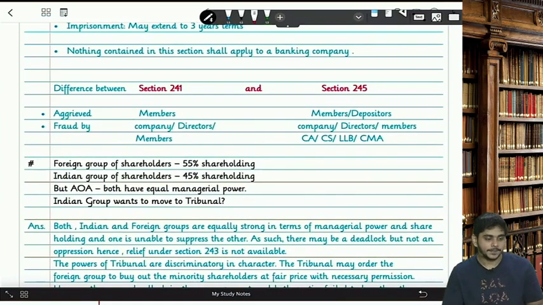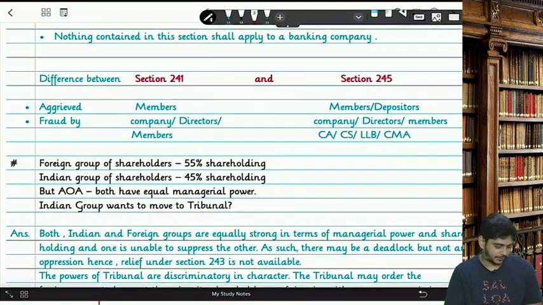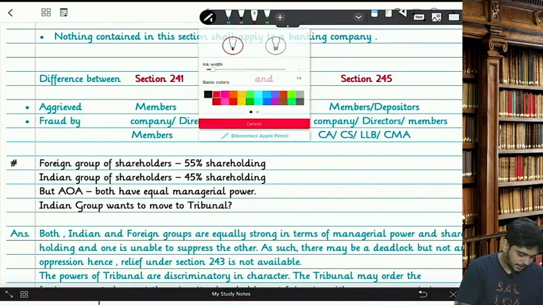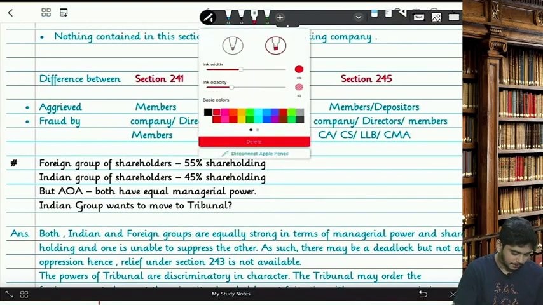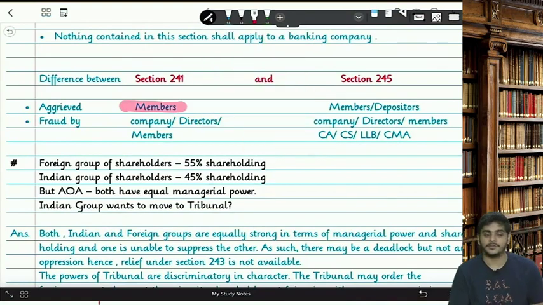The difference between 241 and 245 is that the aggrieved party in 241 is basically the members. In 245, two categories of people are covered: members and depositors.